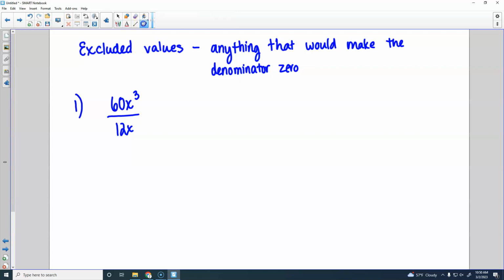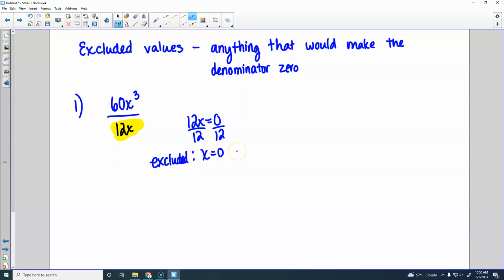We just need to know anything that would make that denominator 0. So you're going to take whatever your denominator is. In this case, it's 12x. You're going to set it equal to 0 and solve. In this case, it is just 0. So our excluded value would be x equals 0 for that first one.